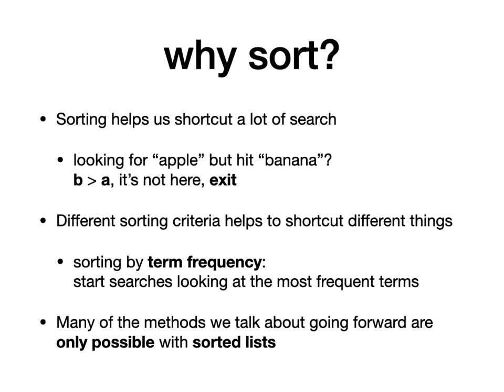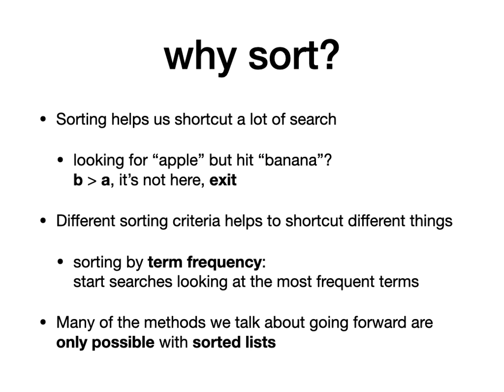So the way that you sort helps you shortcut in different ways. And to that point, a lot of the methods we'll talk about as we go forward in the course are only possible to achieve with these sorted lists.